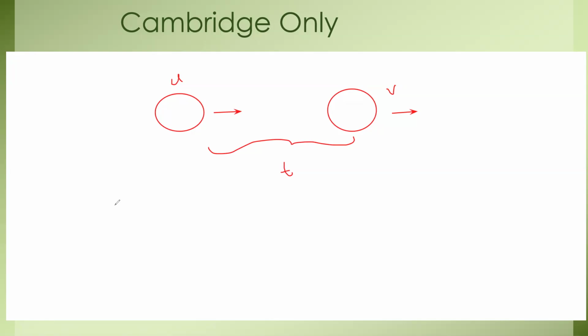So we have the formula that speed is distance divided by time, or the displacement in this case. The displacement will be equal to the average velocity multiplied by time, because velocity is displacement over time, but as the object is continuously changing its velocity, we say it's the average velocity.